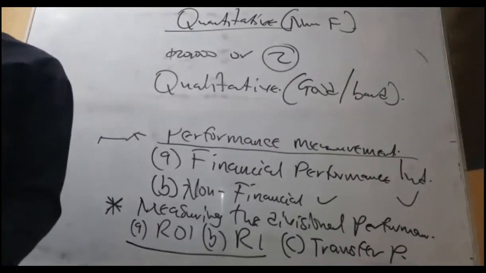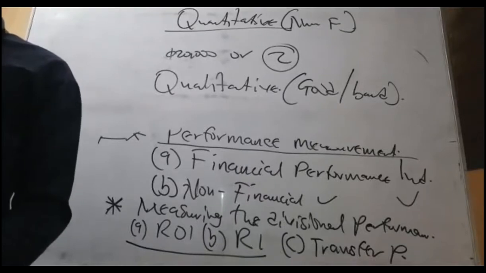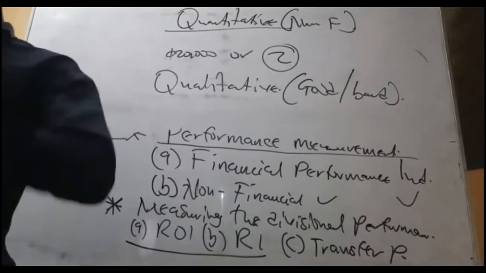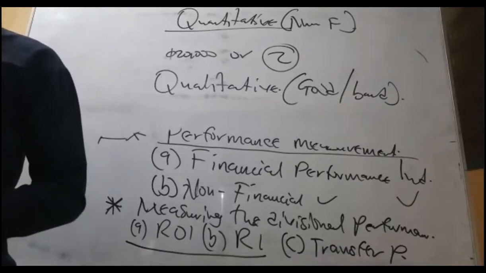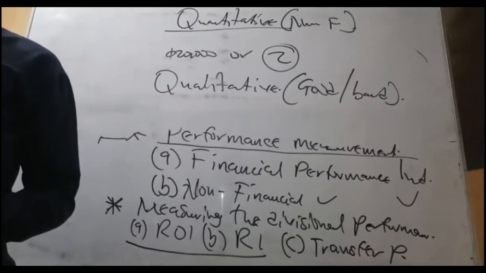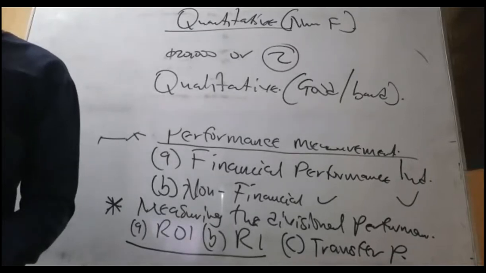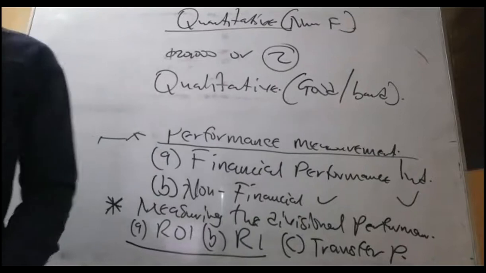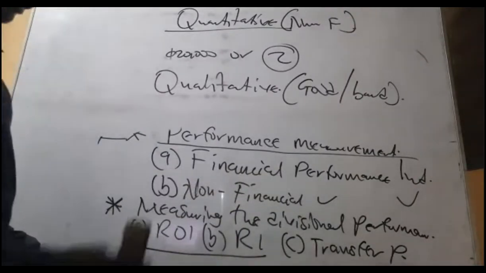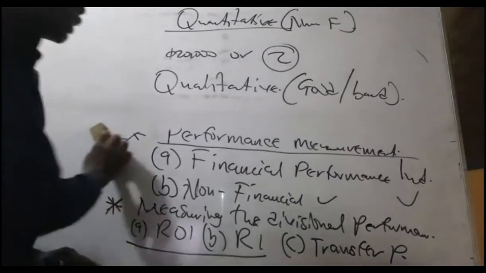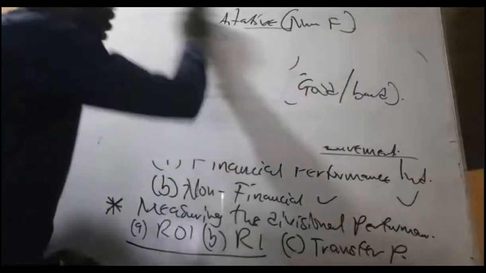Okay, now we are going to do the indicators. What suggests that you perform well? So we group them together called performance indicators. Basically we have two types of performance indicators: financial performance and non-financial performance indicators.